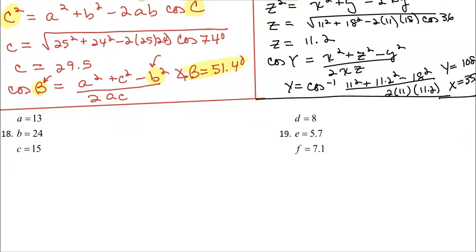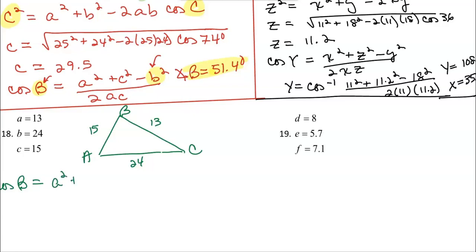Let me just sketch these out for you. If I have something like this one, notice I have no angles whatsoever. I am definitely using law of cosines. This is ABC, then this is 13, this is 24, this is 15. Cosine of angle B is going to be a squared plus c squared minus b squared over 2ac.